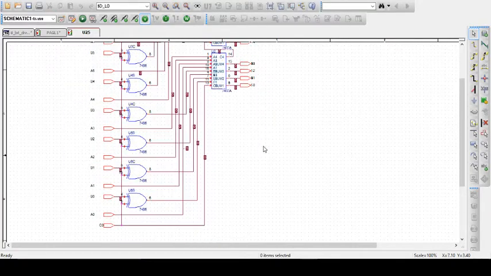What this does is, if the C-in term is low, that means that the dividend is greater than or equal to the divisor.